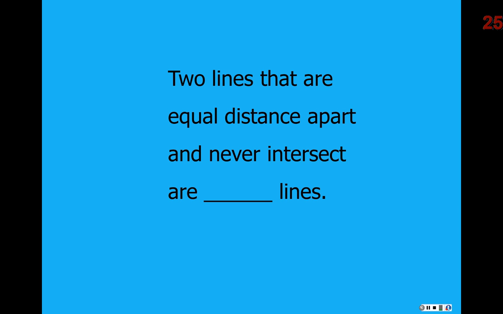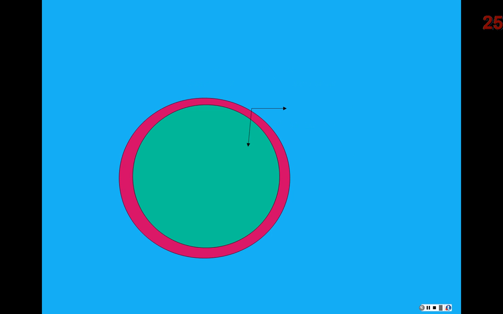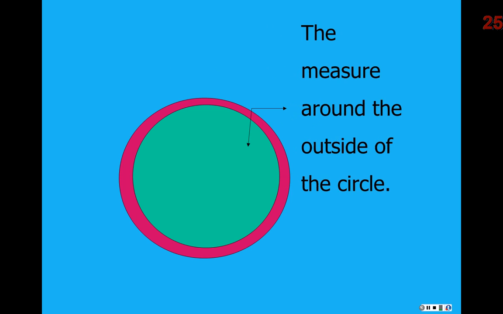Two lines that are equal distance apart and never intersect are what kind of lines? Parallel, yes. Okay, you've got a circle here. The measure around the outside of the circle is called what? Circumference.